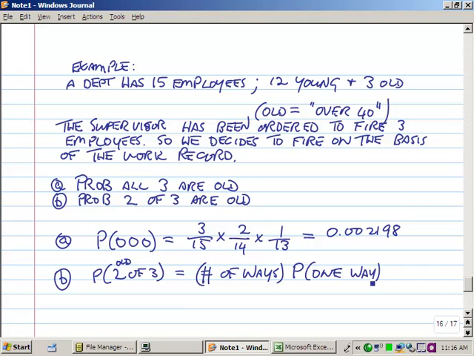Well, 2 old out of 3 is the same as 1 young in the 3, and 1 young in the 3 is sort of easier to visualize. Picking 1 young out of 3 is just like 1 head out of 3. You get a young on the first, or a young on the second, or a young on the third. So there are 3 ways times the probability of one way. Let's just say young, old, old.